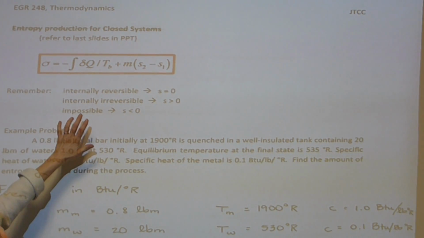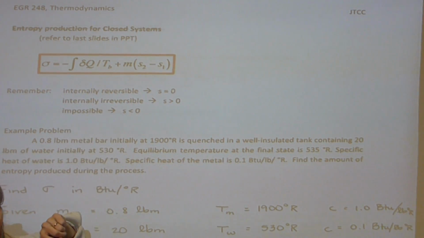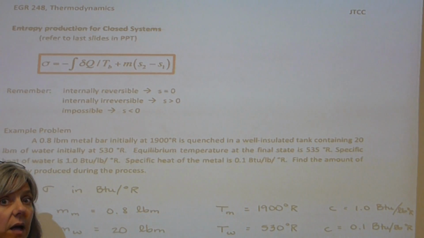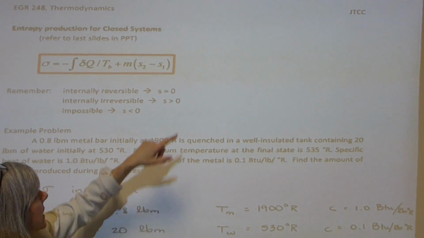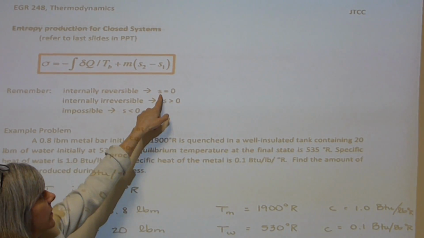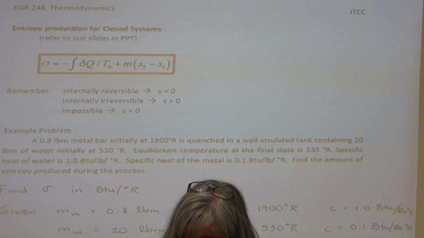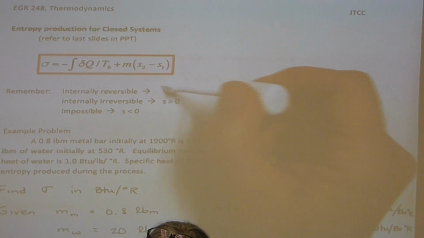So remember, because this is for a cycle, if it's internally reversible, that means it can be put back to perfection, which means it is perfect, it's not real, then the entropy, that should be a sigma. These should all be sigmas. In fact, I can fix that right now. So if it's internally reversible, then we know that the entropy production is 0.